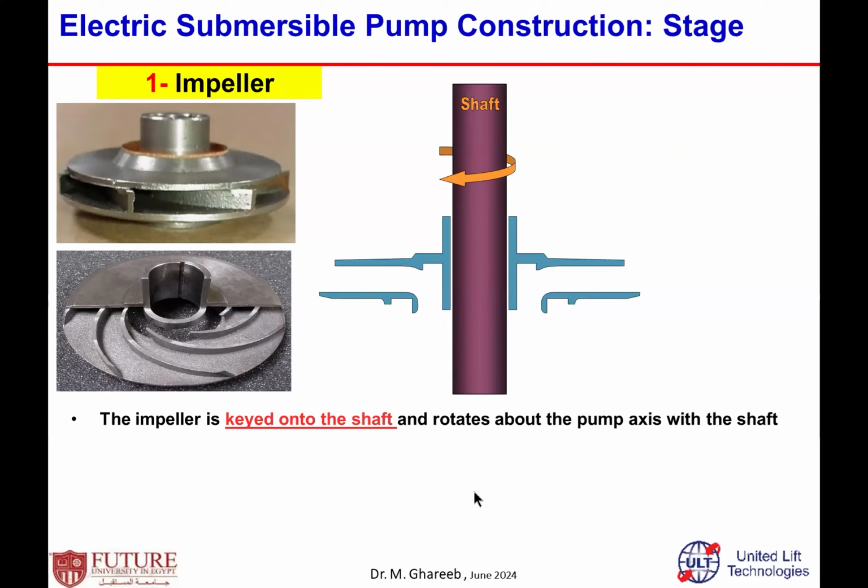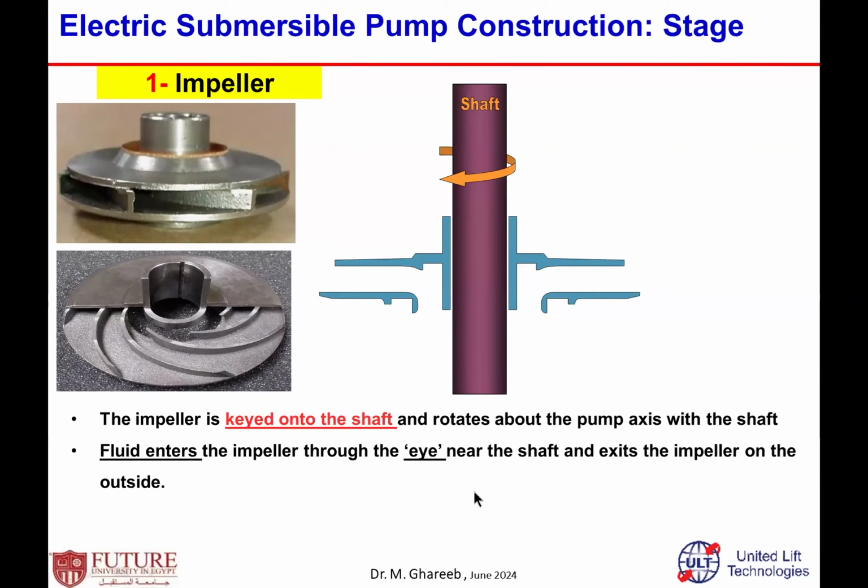The fluid enters the impeller through the bottom eye, near the shaft, and exits from the outside. If you look at the red arrow, the fluid goes in this way, and then gets velocity energy from the rotating shaft and impeller.